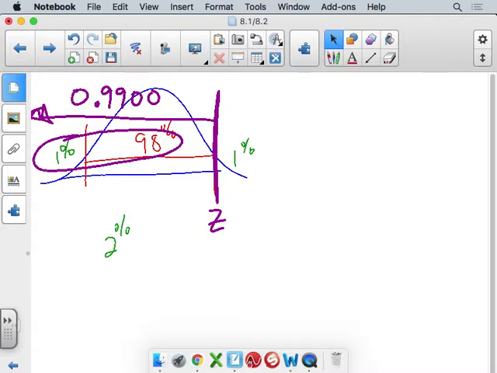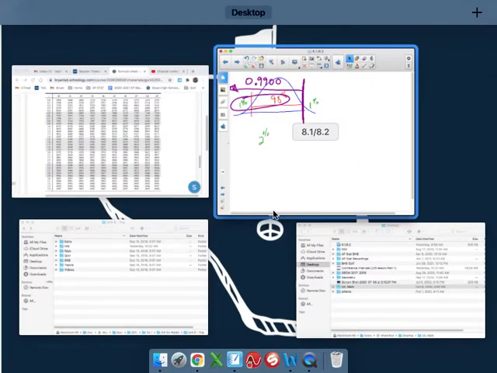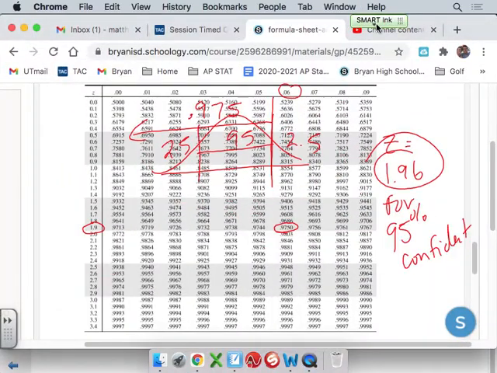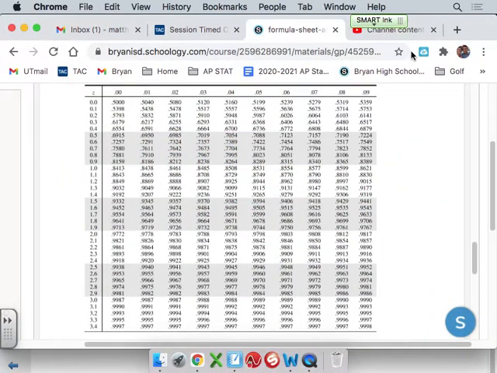So this is where we have to use our table. I go to my table and I'm looking for the closest value. I'm going to warn you, some of these are split. I think 99.01 comes closest right there.